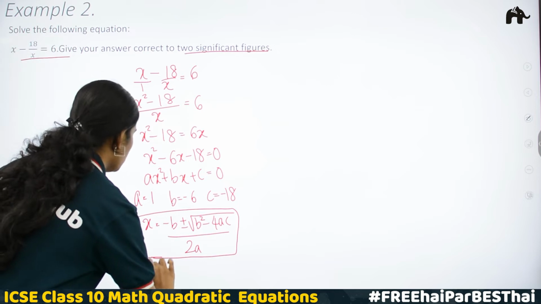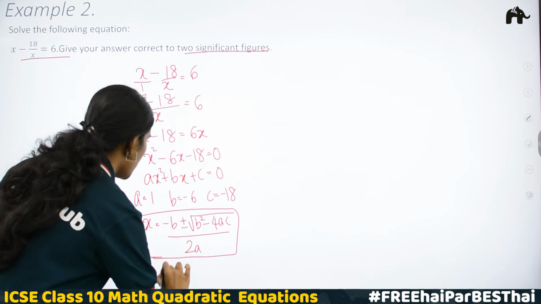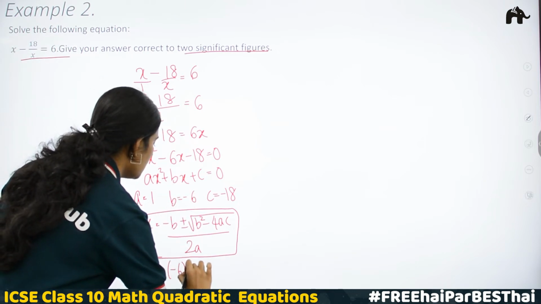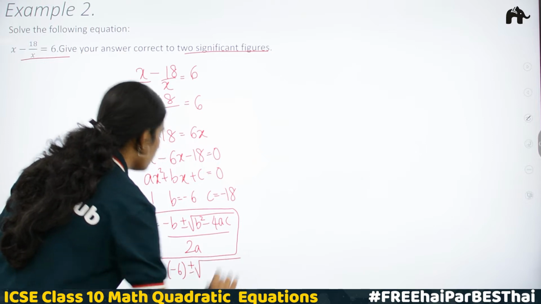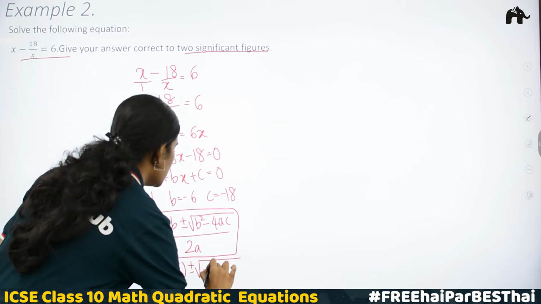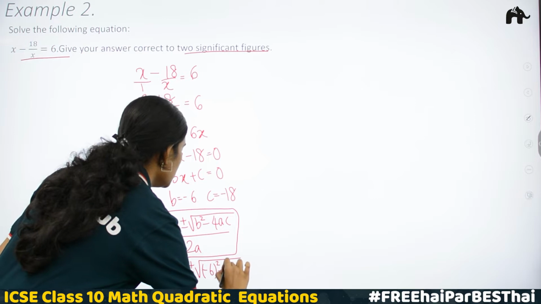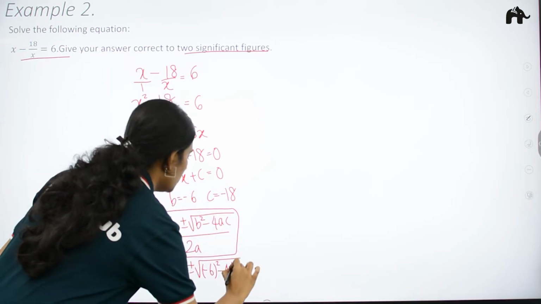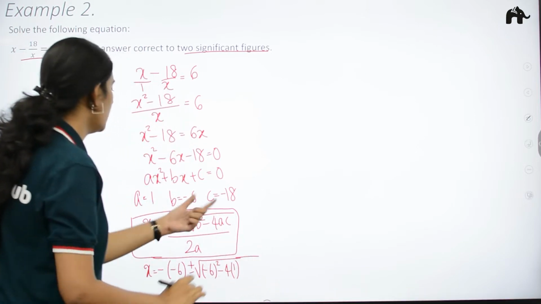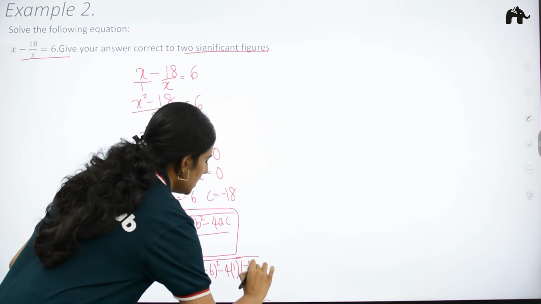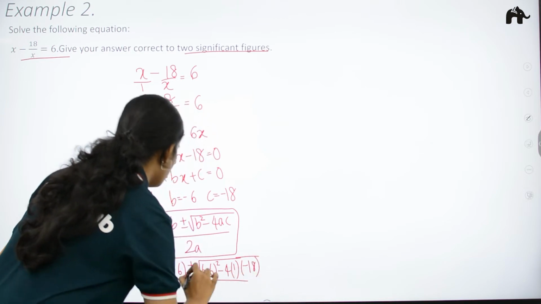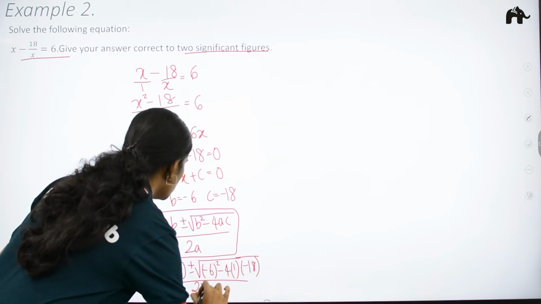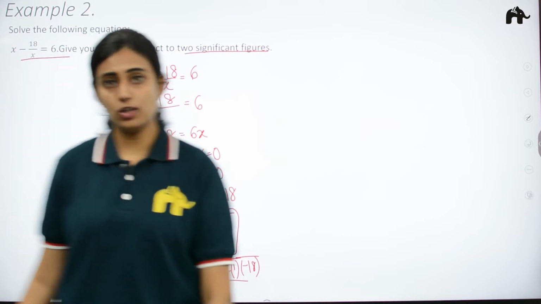x is equal to, what is −b? Minus of −6, ± root of b², (−6)², minus 4 into a is equal to 1, c is equal to −18, divided by 2a, 2 into 1.